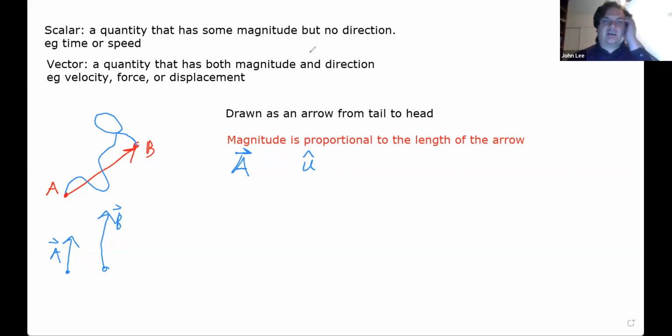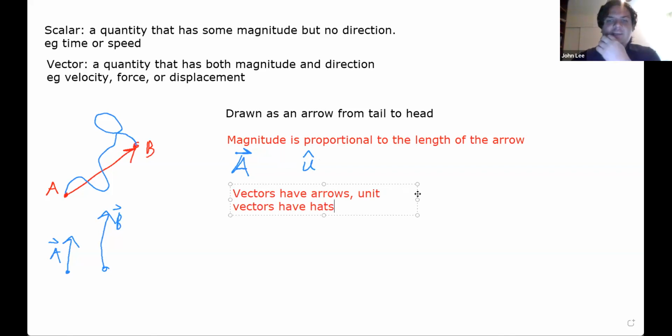So vectors have arrows, unit vectors have hats. And a unit vector is a vector that has a length of 1.